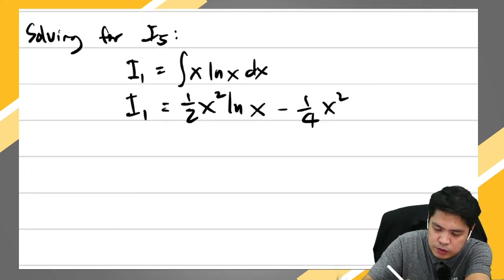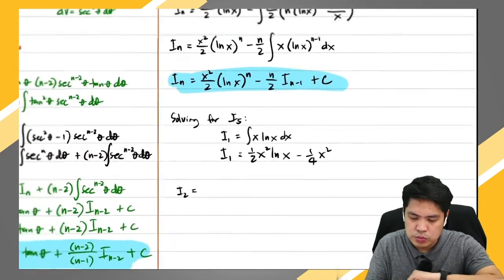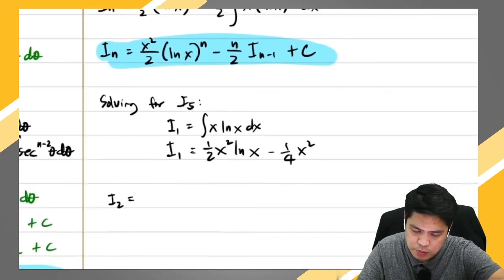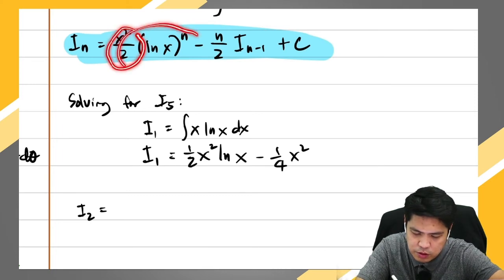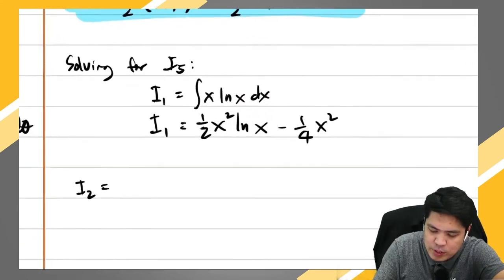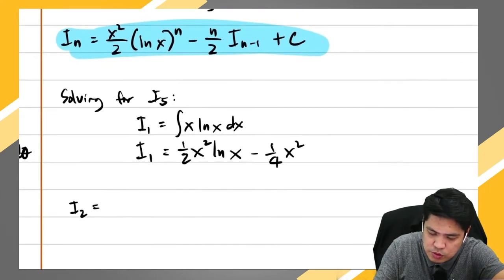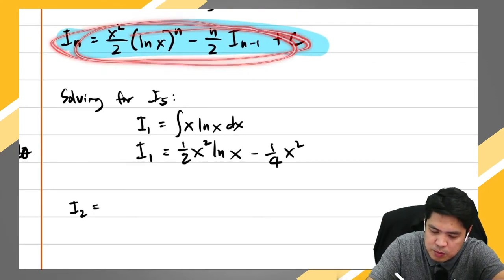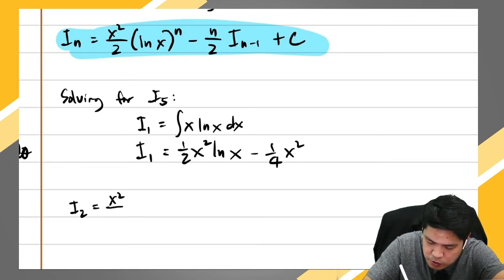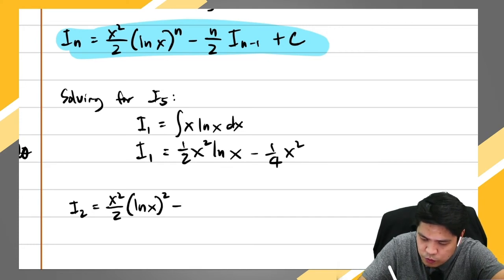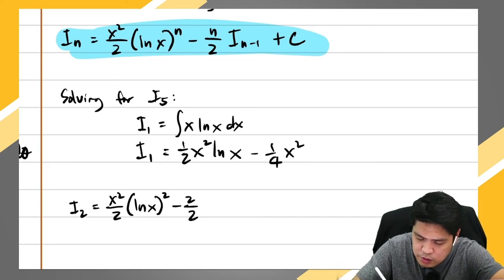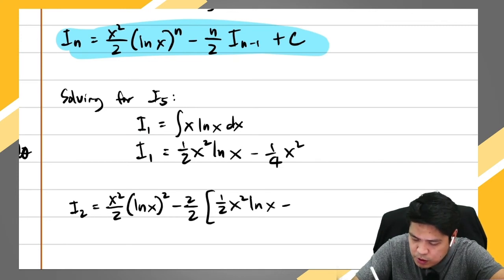Now let us solve for I sub 2. And by the way, yung I sub 1 that is familiar here dito. Tingnan nyo. So I sub 2, ito na lang yung reduction formula yung gamitin natin. So we'll have x squared over 2 ln x raised to 2 minus 2 over 2, then I sub 1, which is 1/2 x squared ln x minus 1/4 x squared.